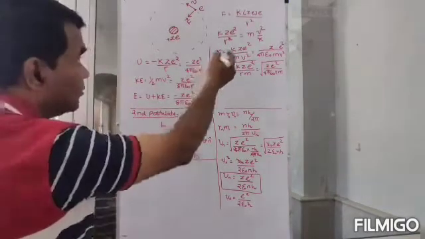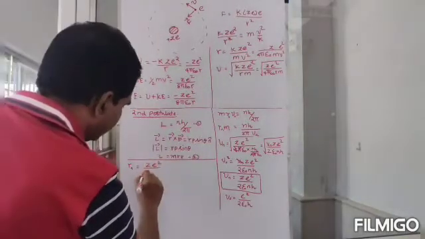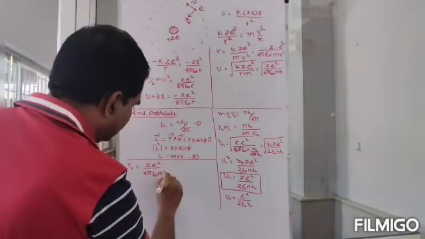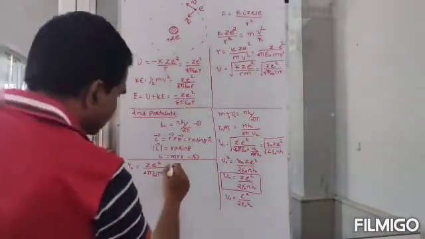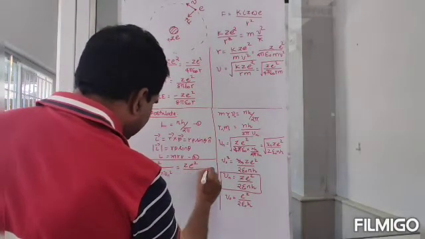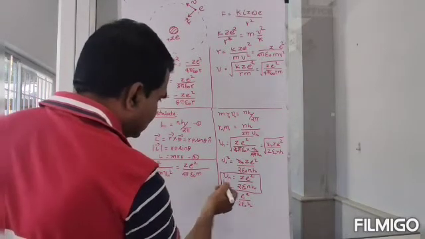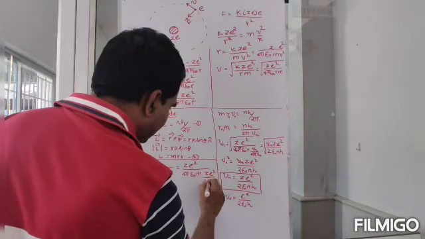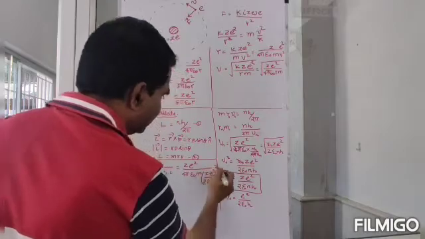Rn is equal to Ze^2 by 4 pi epsilon naught m Vn^2, right? For the nth orbit. So that gives you Ze^2 divided by 4 pi epsilon naught m, with Vn equal to Ze^2 by 2 epsilon naught nh, the whole square.